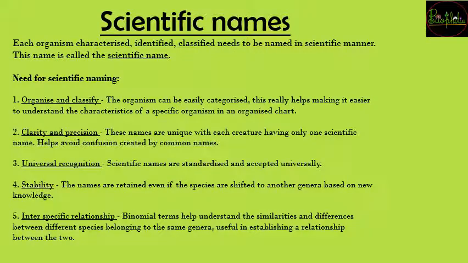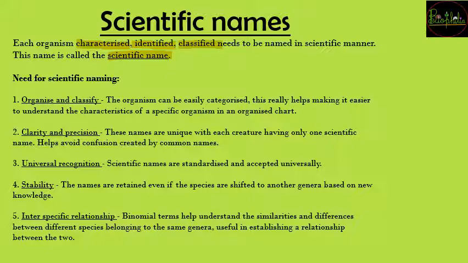Now let's understand about the scientific names. So every organism that has been categorized, that has been identified and classified, then that organism is going to get a name that is called as a scientific name. Now what is the need to give each and every organism a scientific name? Reasons are 5 that have been listed down.